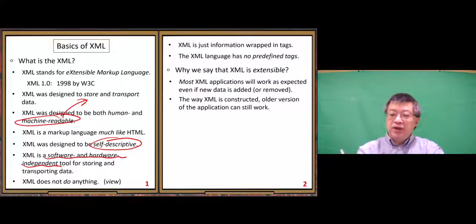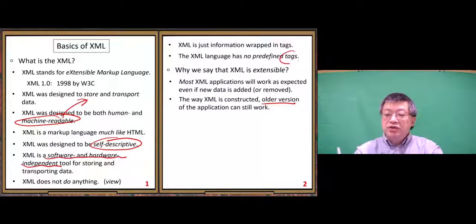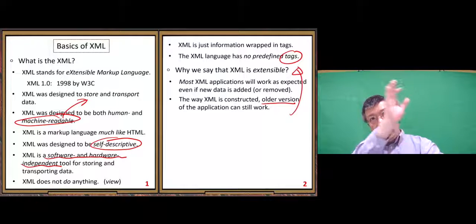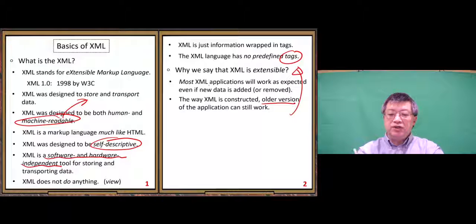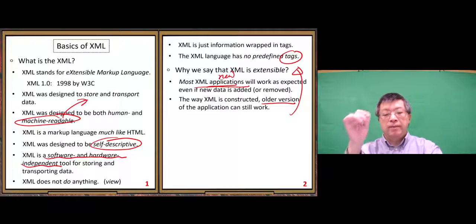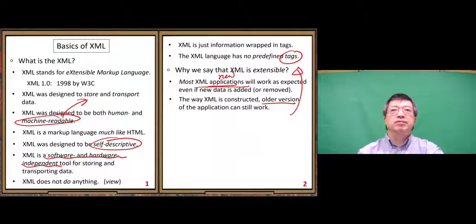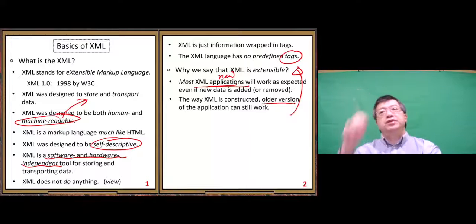That's still talking about backward compatibility. The old tags can still be used in the new versions of XML applications. So you can add new tags, but old tags can still be used. That's the meaning. All right.